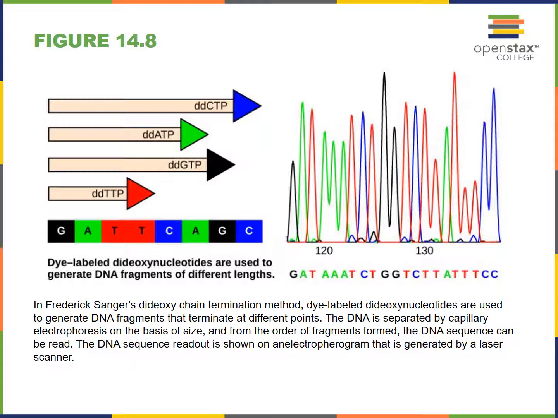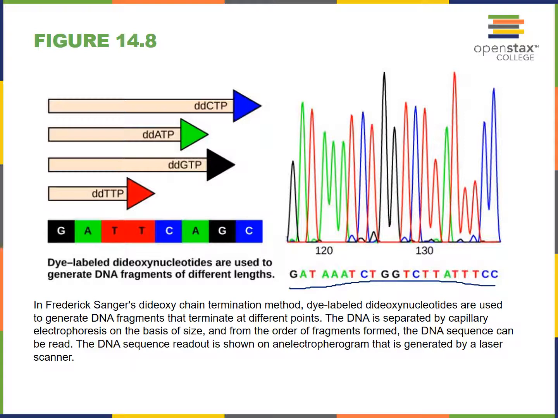I don't really care if you know how this works. Basically know that if you hear Sanger technique or Sanger method, this was how the Human Genome Project was done, how they sequenced DNA from different species. And now, in 2017, they've sequenced quite a few different species.